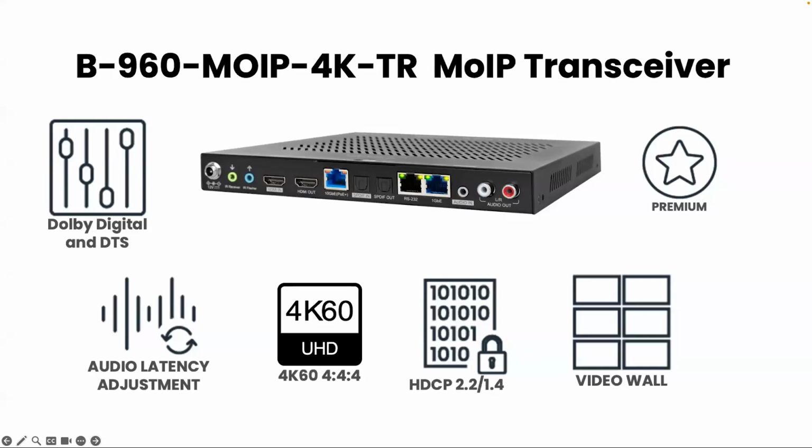So this transceiver is going to give partners like you even more options and flexibility in both cost and features to design the network that you see fit for your customers.